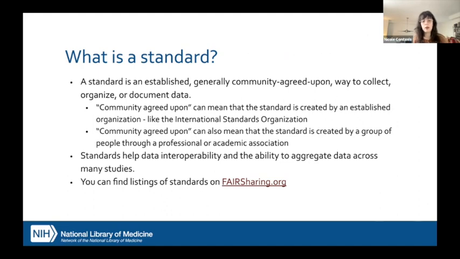It might be created by a group of people through a professional or academic association. And sometimes the government participates in standard creation. The idea, though, is that a group of people have come together and they've agreed on a way to collect, organize, or document data.